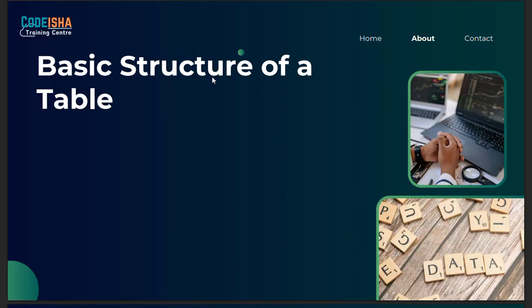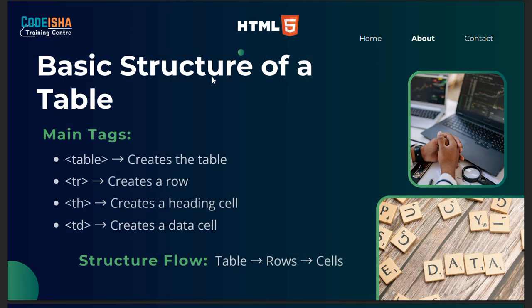Here's the basic structure of the table. We have the main tags for the table. One is the table tag, which creates the table. When we need rows, we use the tr tag. When we need headers for the table, we use the th tags.